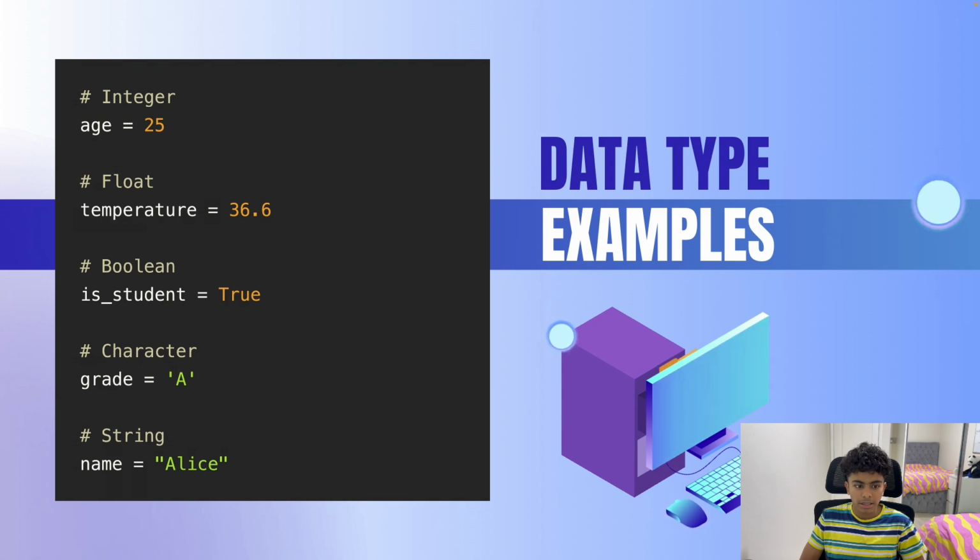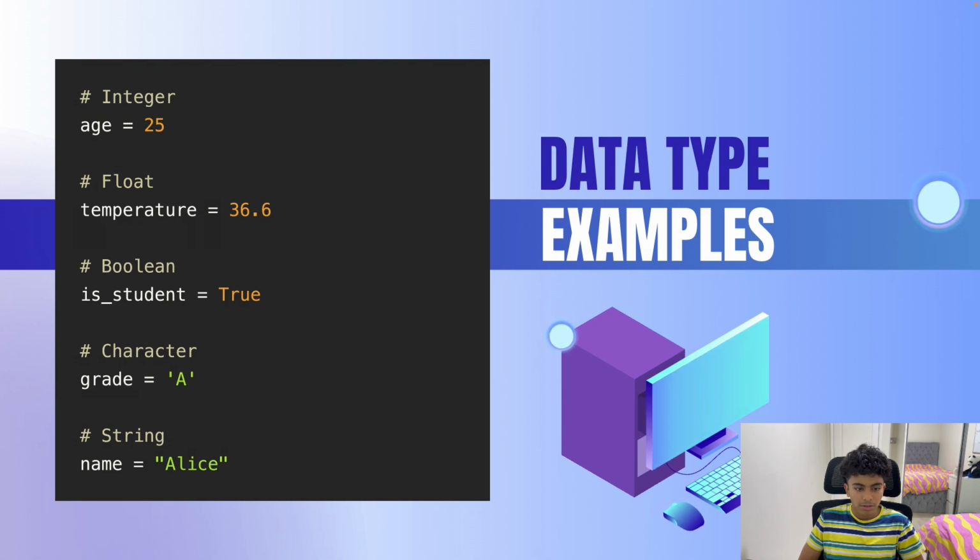the computer will know it's an integer because it's not a decimal number, and it also doesn't start with double quotes or single quotes or end with single quotes or double quotes. Alright, so your computer knows that it's an integer.